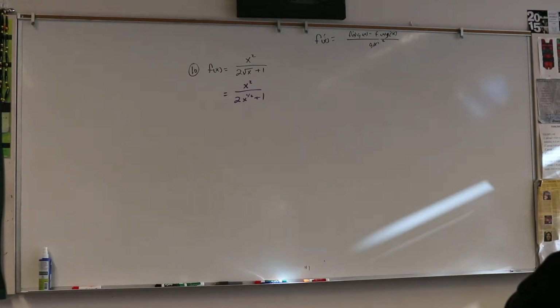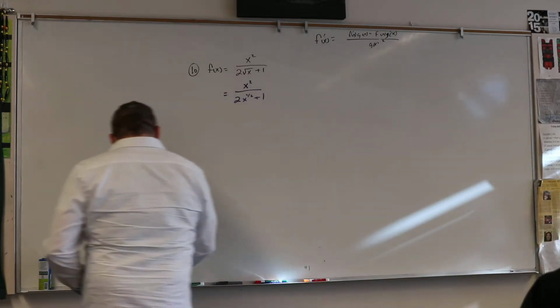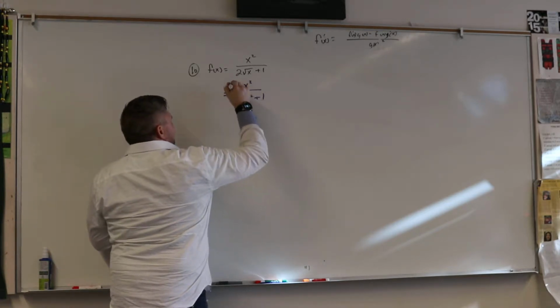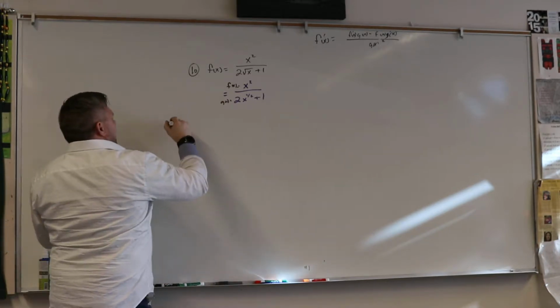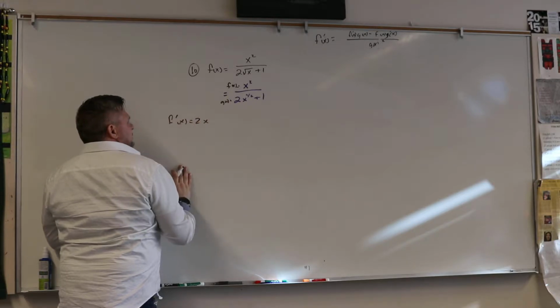x to the negative 1/2? Let's take a look at that. So let's see what that does. Okay, so f of x is this, g of x is this, so f prime of x would be 2x, yeah?